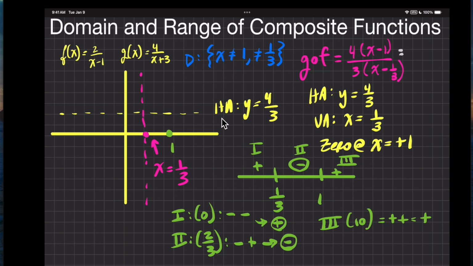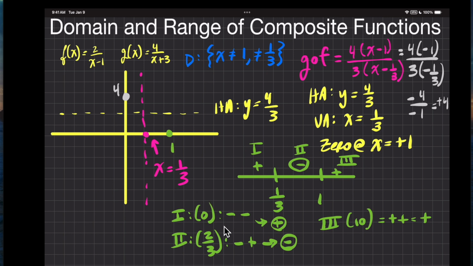If we have x equals 0, we're going to have 4 times negative 1 over 3 times negative 1/3. That's going to give us negative 4 over negative 1, which is going to equal positive 4. So this is our y-intercept at 4. Again, all we did was plug in x equals 0. That's the easiest way to find the y-intercept.